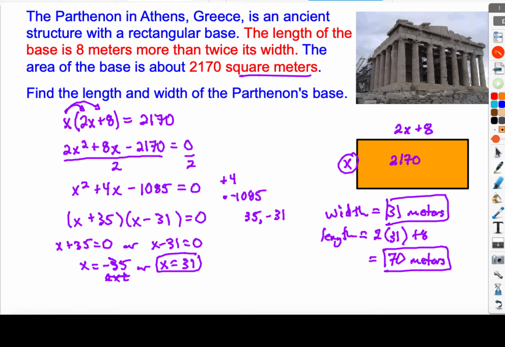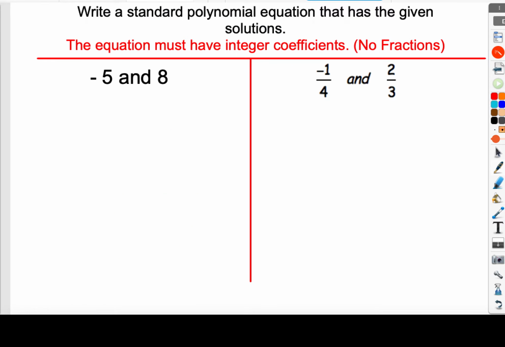Now, if you can solve an equation moving forward, one other thing we can do, just a little side note here, is take numbers and try to write equations that would have these solutions. Normally that's not real hard to do. If x equals negative 5, then if I add 5 to both sides, x plus 5 equal to 0 would be a good equation with an answer of negative 5.